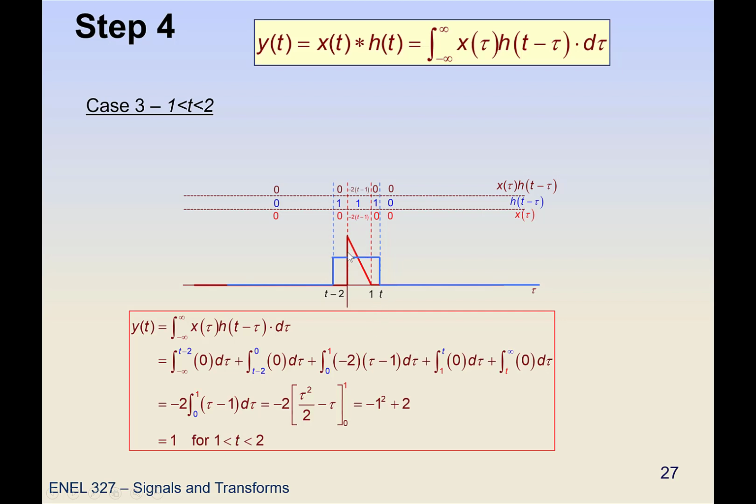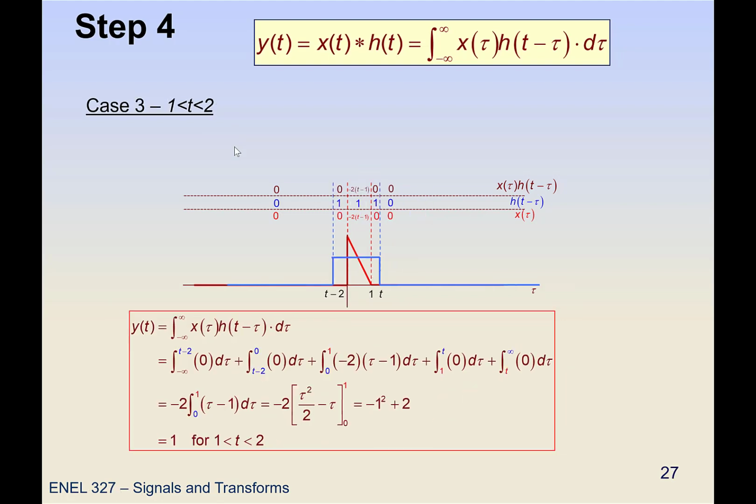So that is going to happen until this blue line gets to here. So you have to look at both of them and whether they're crossing something. So that's going to happen. It's going to be 1 until this blue line gets to here, and that's when t minus 2 equals 0. And that would be when t equals 2. So that's why we've indicated that region there.